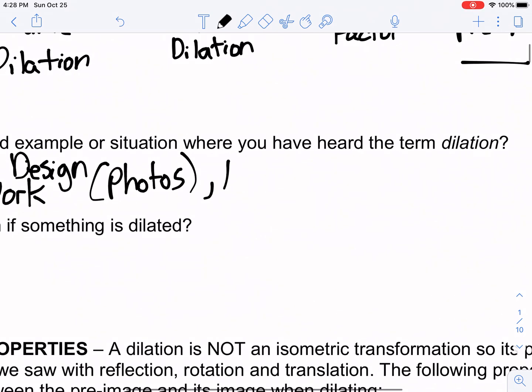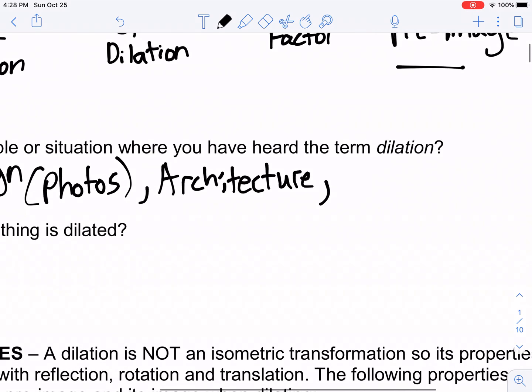You might see this in architecture, in which you would have to scale an image, because when you're making the sketches and designs, they have to be a smaller image, a scaled image of what you're trying to create. You might also see this in eye exams, when they dilate your eyes so that the doctor can have a better view of things that are going on there.